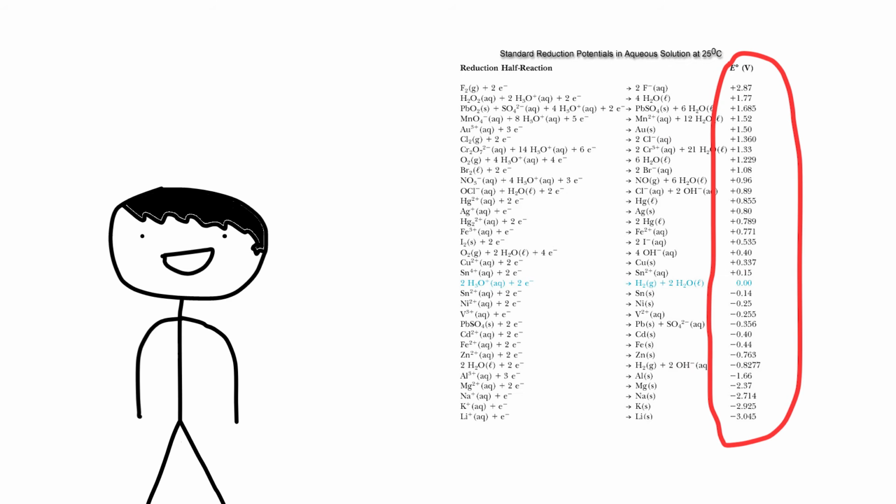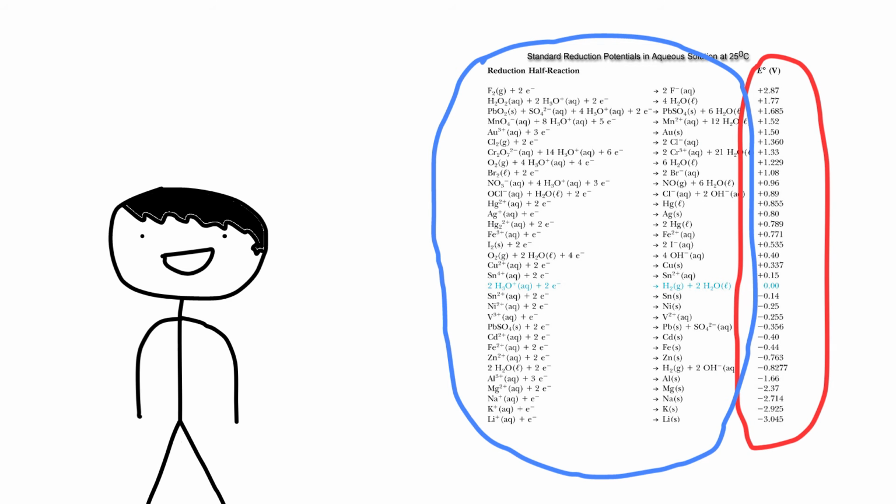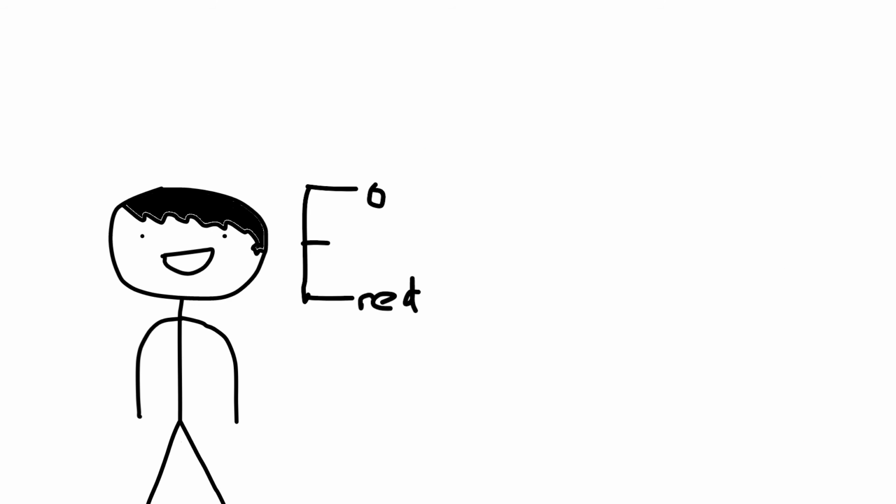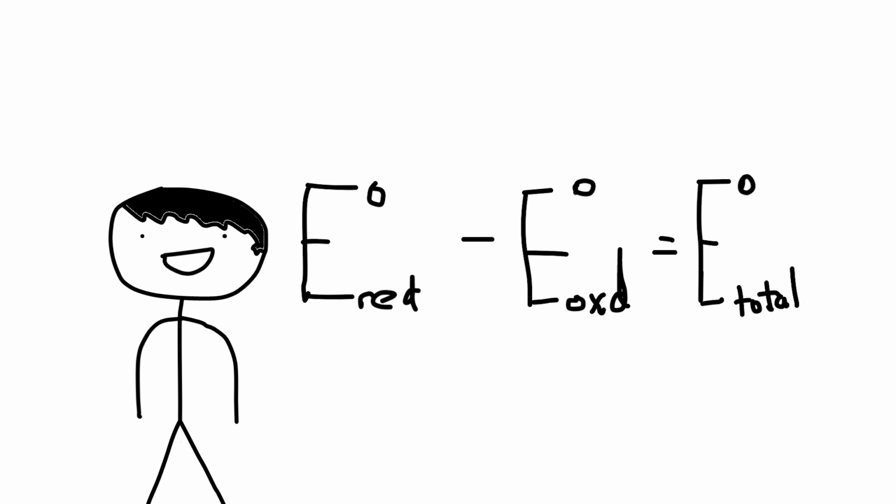What they give you is the half reactions and the potential energy produced. If you're using a reduction chart, you take the potential energy of the reduction reaction minus the potential energy of the oxidation reaction, and vice versa. And then bada bing, bada boom, you got the potential electric energy produced by the galvanic cell.